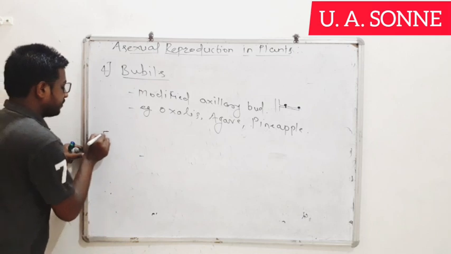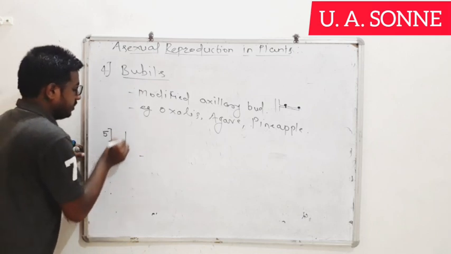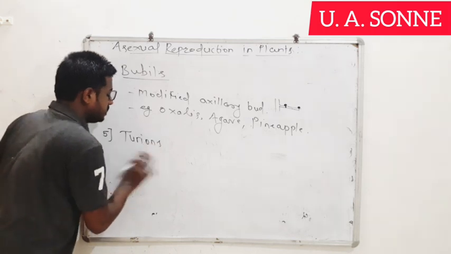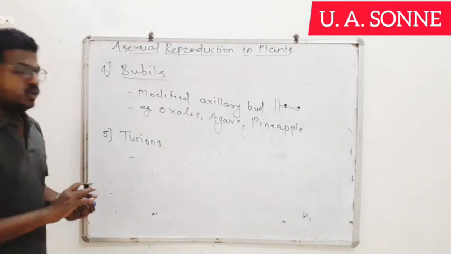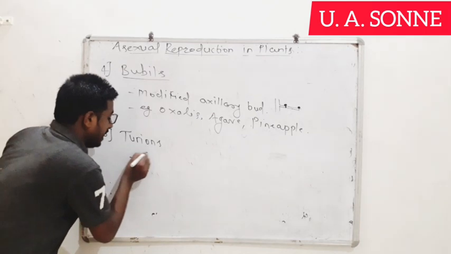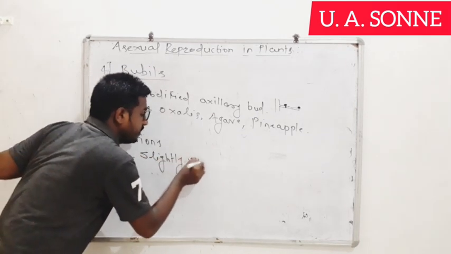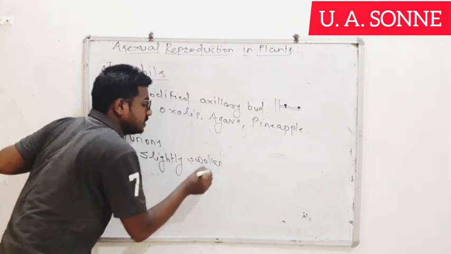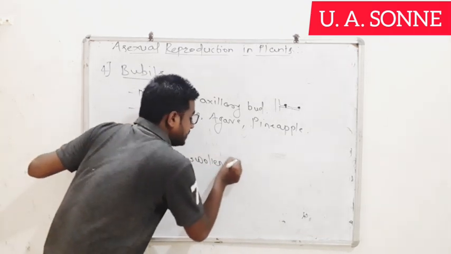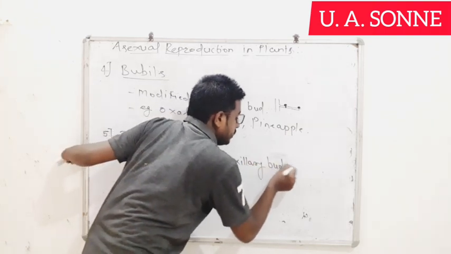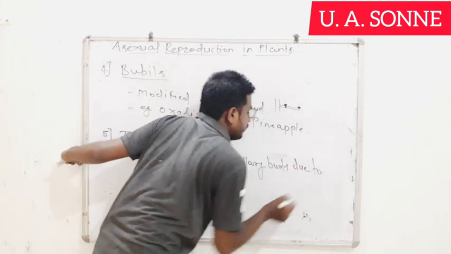Next is the turions. What is a turion? These turions are slightly swollen axillary buds due to storage of food.